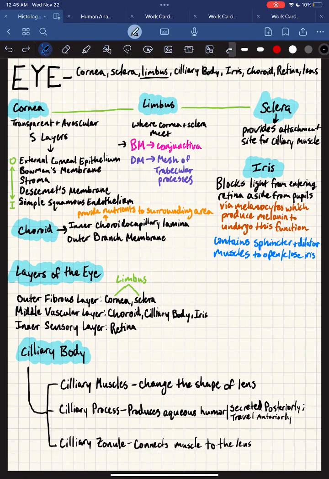Now, moving on to the lens specifically, so it helps focus incoming light onto the retina.